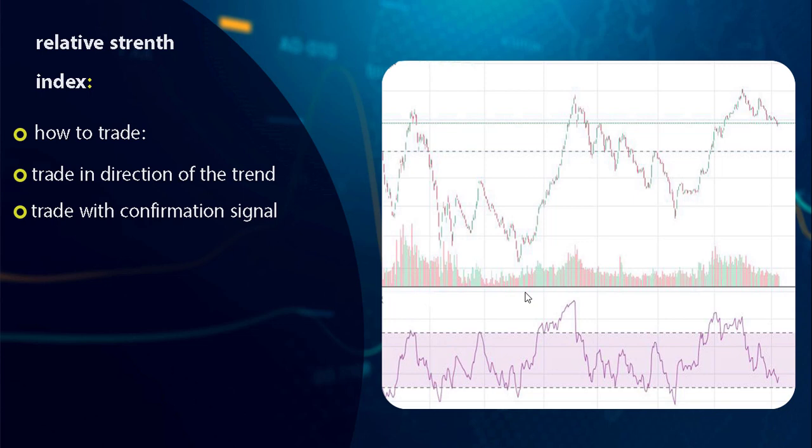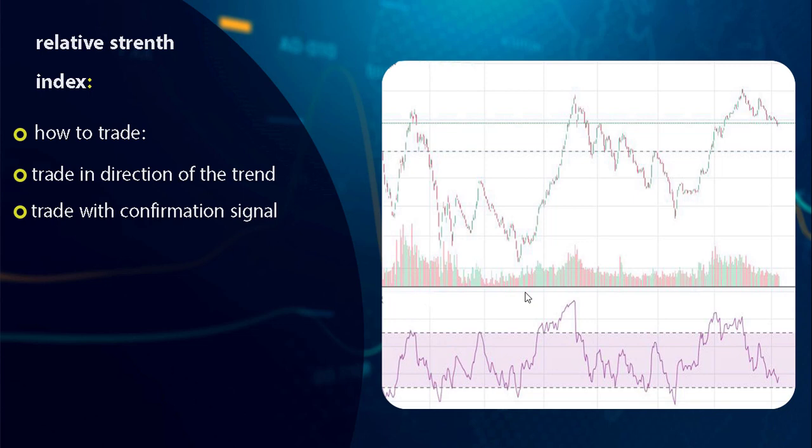But another thing that is very important to pay attention to is that your strategy should be tested before you use it in live trades. You should backtest your strategy.